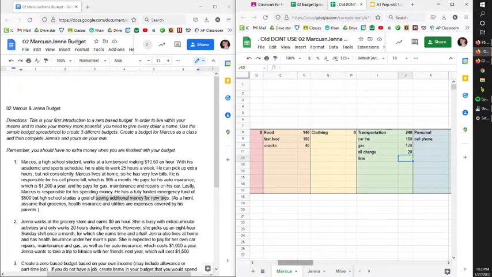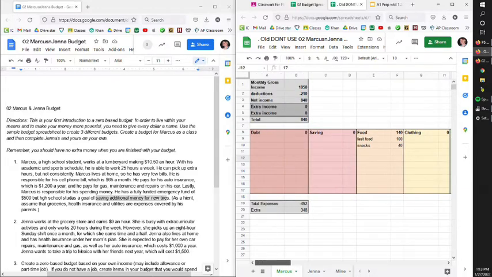And so if tires last you 2 years, that's 24 months. So I'm going to take $400 and divide that by 24 months, and I got $16.67. So I'm just going to put $17 in there for tires. And hopefully by the time Marcus needs tires, this fund in his budget is up to $400 and he's able to purchase tires. Okay, so that's it.